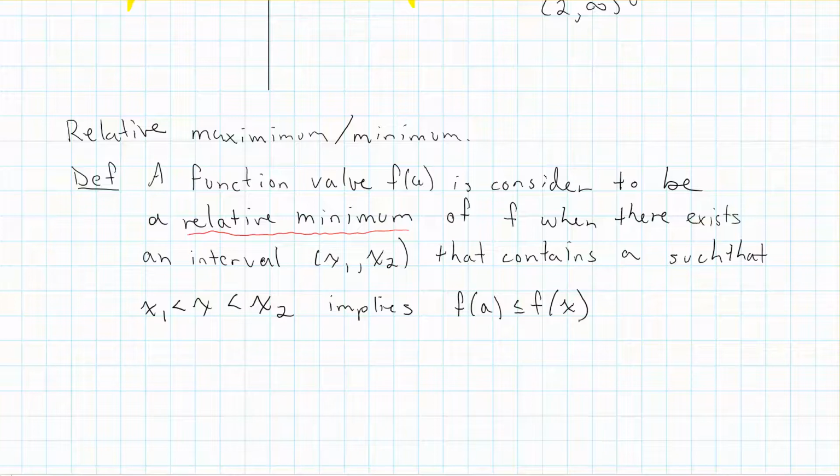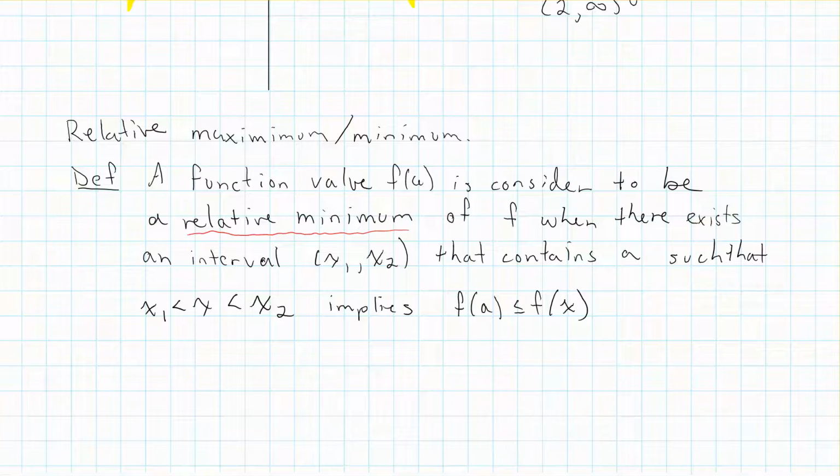So the way this is here, we find some interval x1 to x2, then we're saying pick any point in that interval and we'll have that f at x is greater than or equal to f at a.